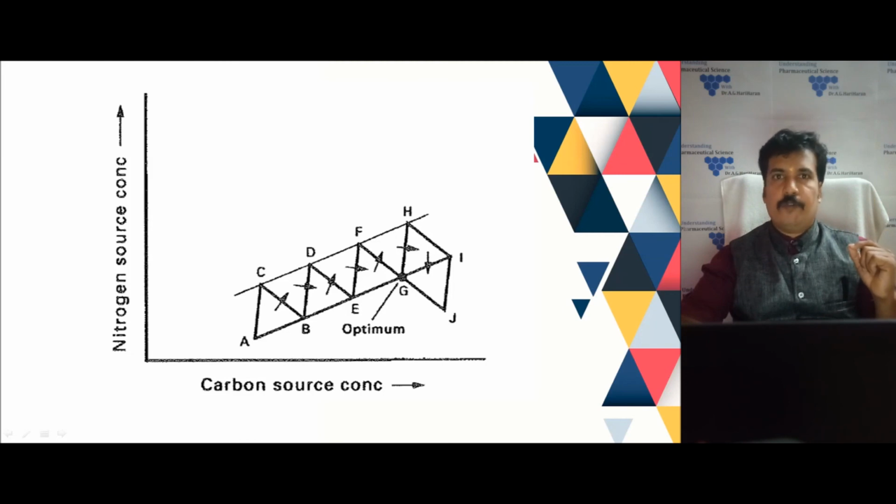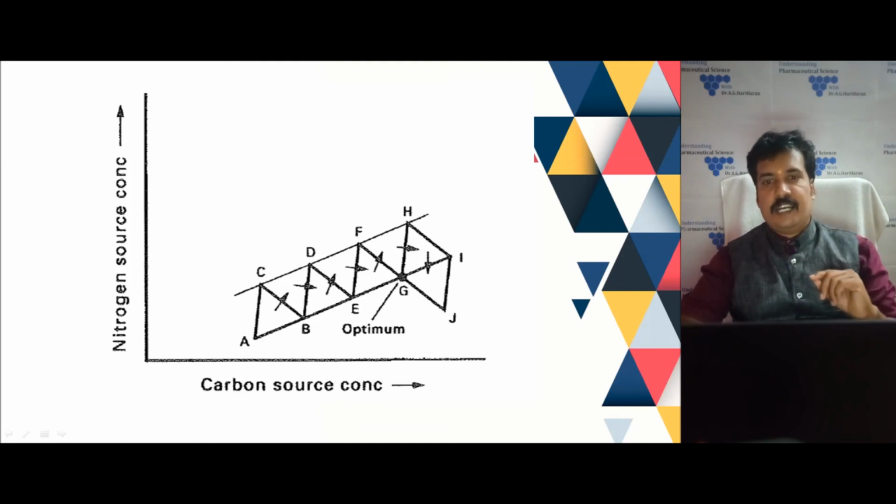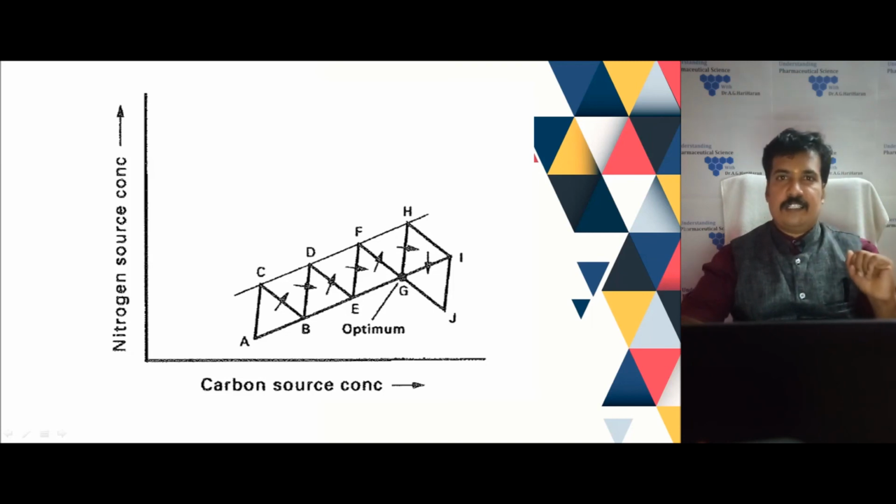We got a new triangle, B, C and D. Then the next reflection opposite to C gave B, D and E. This was continued. Once we reach point G, which is an optimum value, the triangles start flipping between G, H and I and G, J and I. So G is considered the optimum value because it is circling itself.